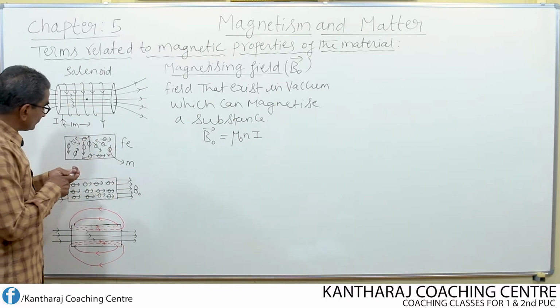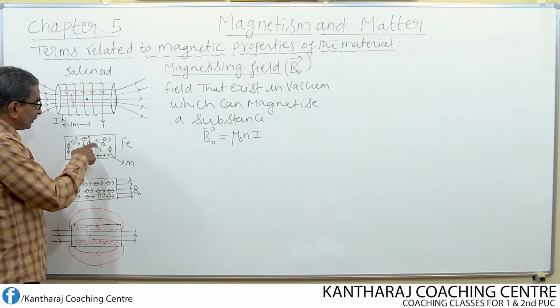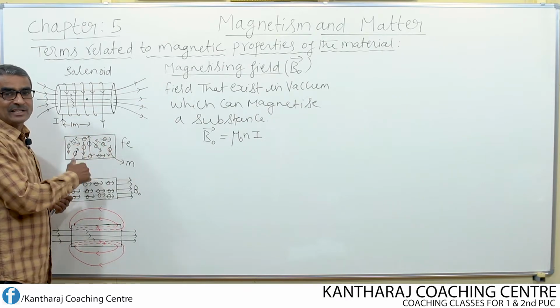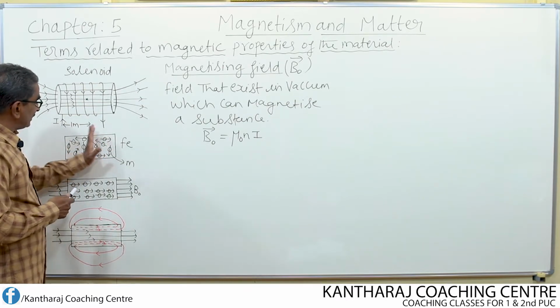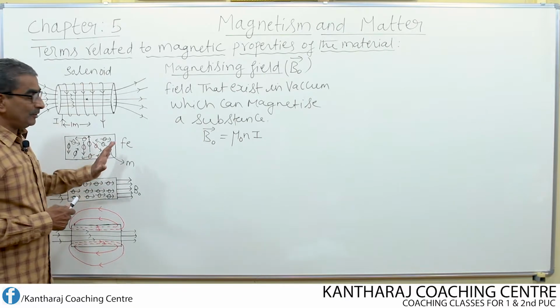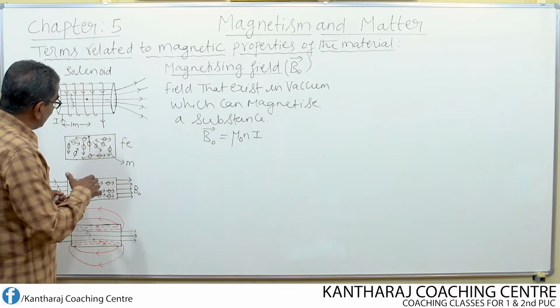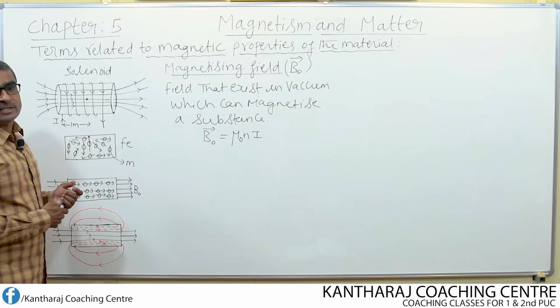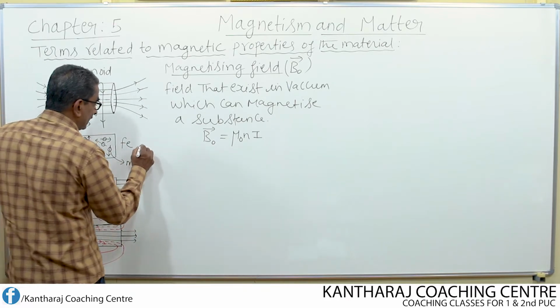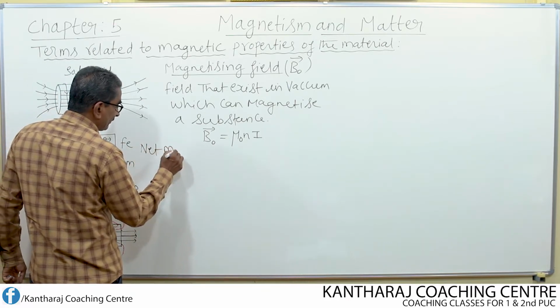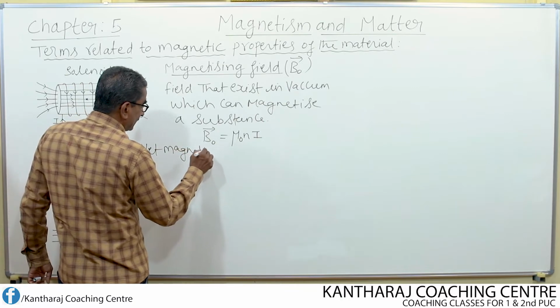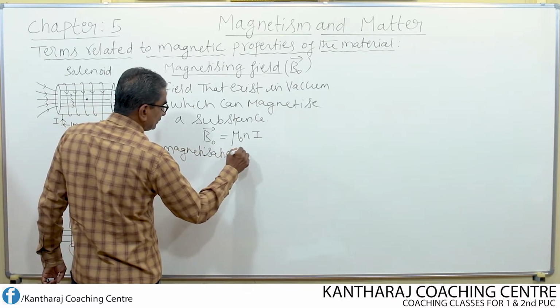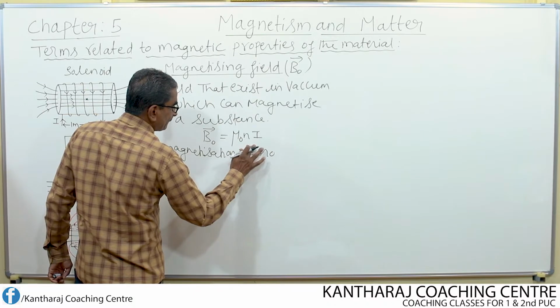This is how each magnetic dipole moment gets cancelled, and finally the net magnetization of this material is equal to 0, in the absence of an external magnetic field.